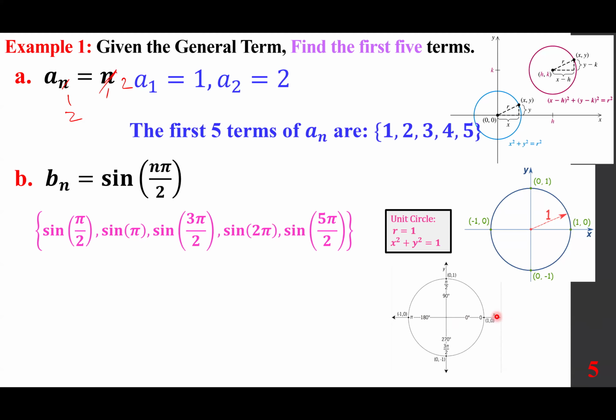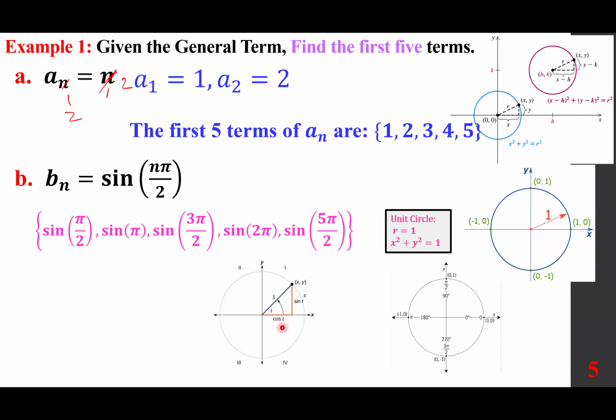And every point that cuts the unit circle has coordinates x, comma, y. Now, x is represented by cosine, y is represented by sine. Why is that? As you recall, in a right triangle, the cosine would be the adjacent over the hypotenuse.